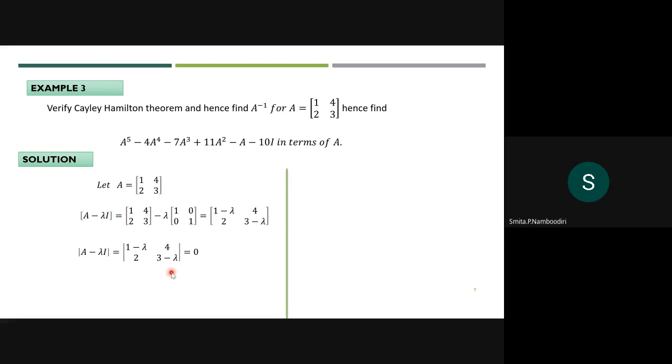If I open the bracket, 1 minus lambda into 3 minus lambda minus 8 equal to 0. Open this bracket again: 1 into 3, 1 into minus lambda, open करना है पूरा bracket, so we will get 3 minus lambda minus 3 lambda, then minus lambda plus lambda square minus 8.